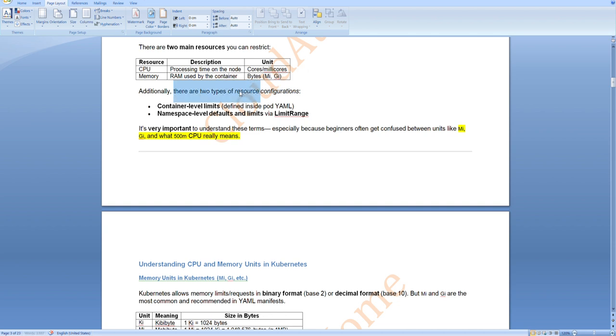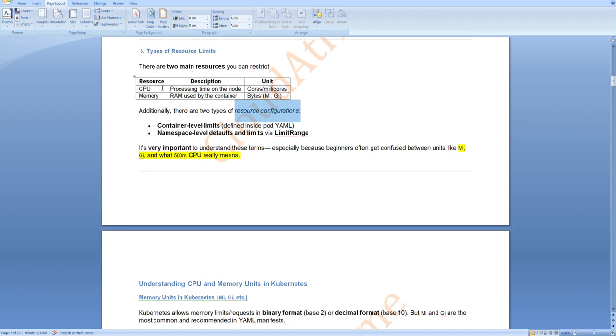Additionally, there are two types of resource configurations we can do. Okay, this is one thing, right? You can do based on the CPU and memory. On top of it also, you can do two other types of resource configuration. One is container level limits you can define. So you need to create a YAML file where you can define container level limits as well.